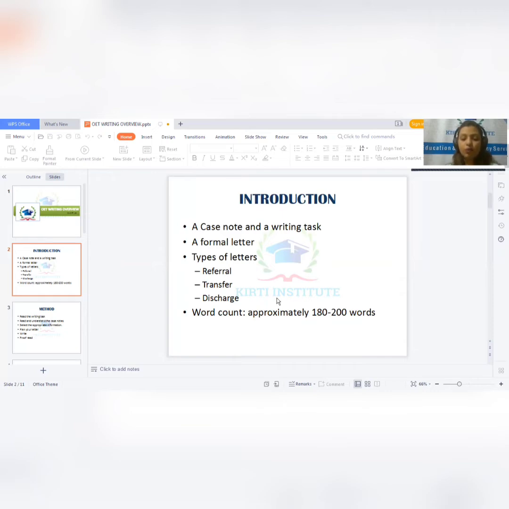If you want to know the word count, it is approximately 180 to 200 words. Your letter should ideally be no more than 200 words, but this is still an approximate limit. So if you write, suppose, up to 170 or 220, there should not be any problem.